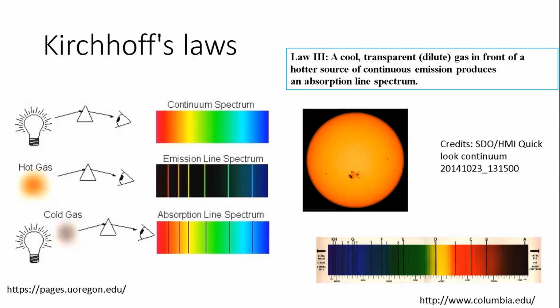As I told you, the light coming from the interior of the Sun is a continuous spectrum. But since the photosphere is cooler than the interior of the star and satisfies these conditions for most of the lines, you will get a continuous spectrum along with these black gaps which are absorbed by the photosphere.